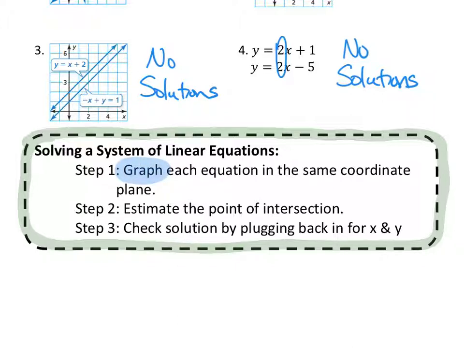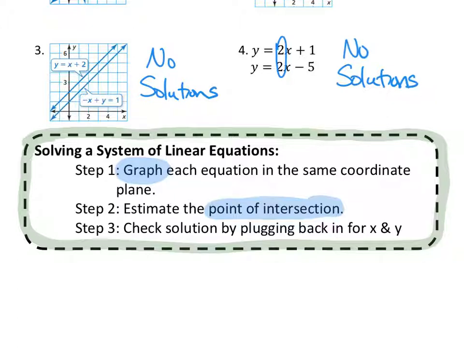Then we're going to estimate the point of intersection, because we're doing these by hand. We estimate where we're pretty sure they cross, but we're human, so we make errors. So we're always going to check our solution by either plugging back in the x and y we got, checking if they make both equations true, or using Desmos to double check our graphing.